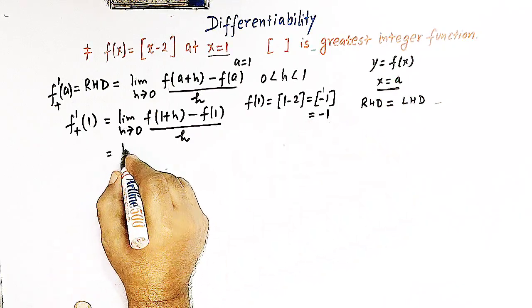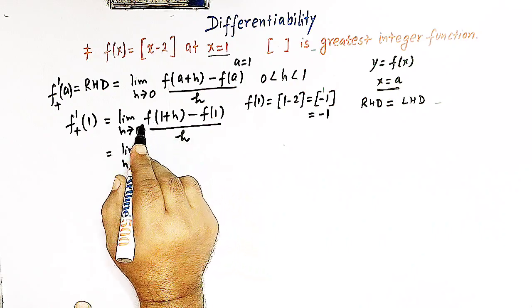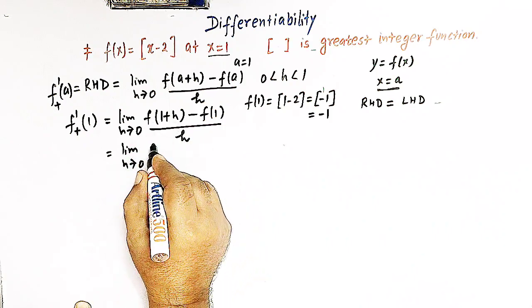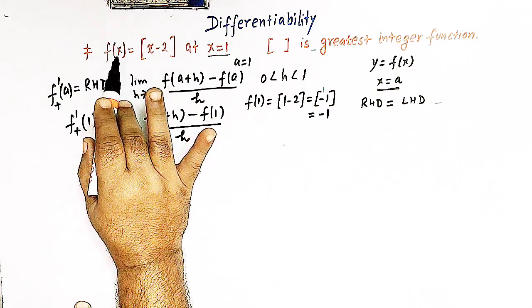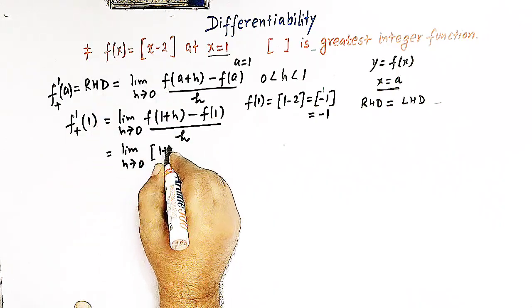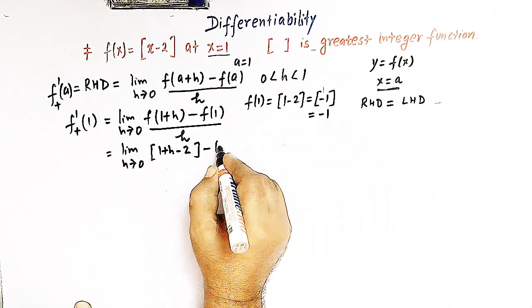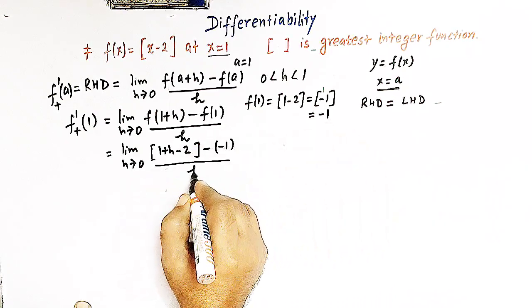Now we have the limit h tends to 0, and f of 1 plus h is given by replacing x by 1 plus h. So we have 1 plus h minus 2, and f of 1 is minus 1.